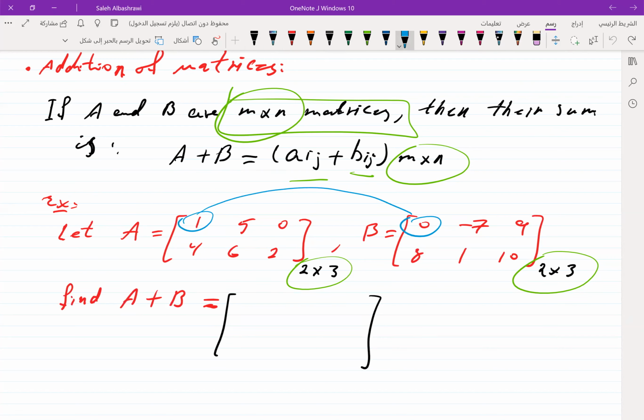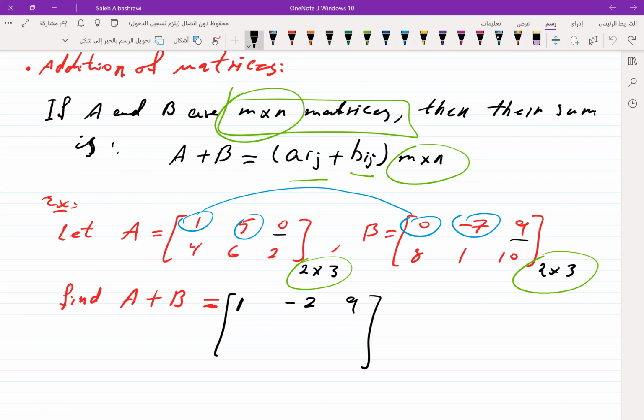So it is 1 plus 0. 1 plus 0 is equal to 1. Second one, 5 with minus 7. 5 minus 7 equal to minus 2. Now 0 plus 9 is equal to 9.